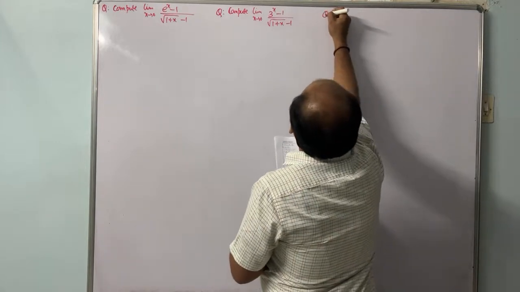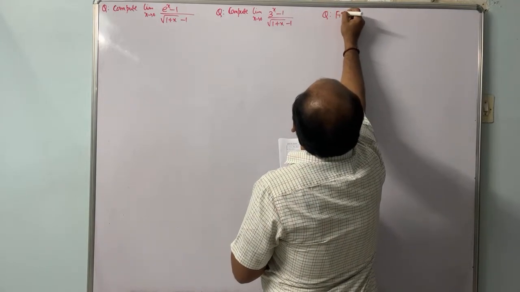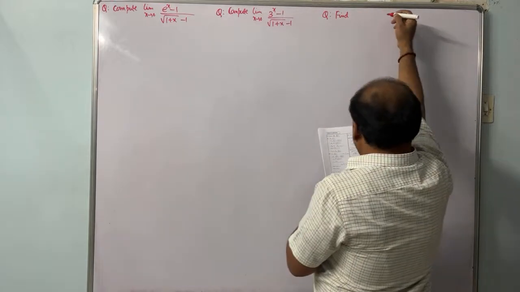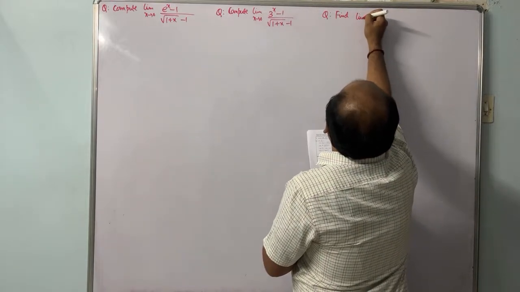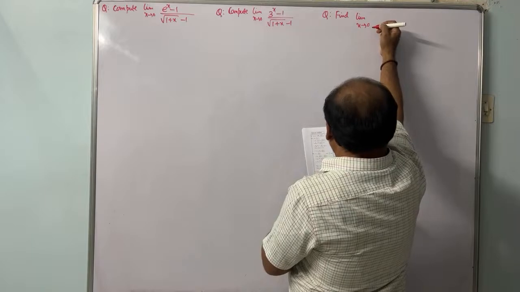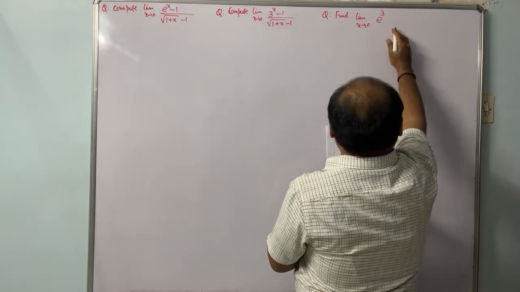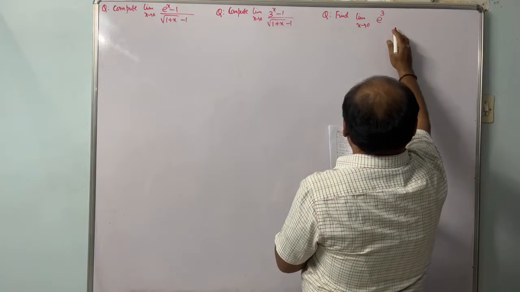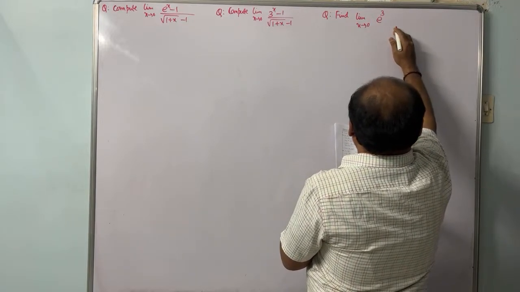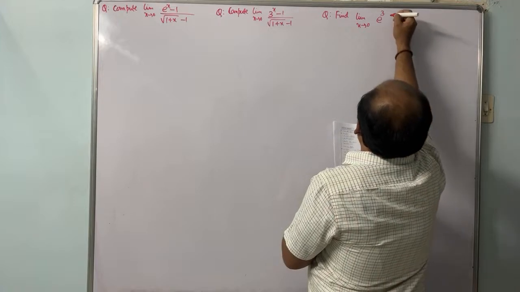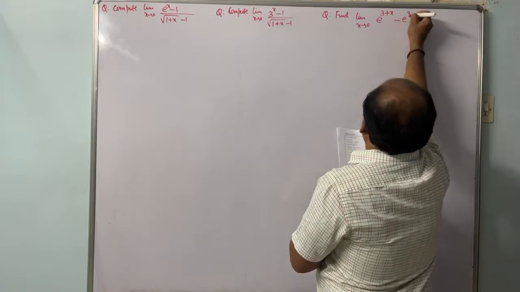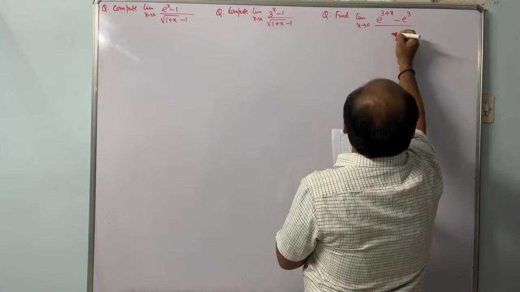The another question: find, compute, or evaluate limit x tends to 0, e power 3 plus x minus e power 3 divided by x.